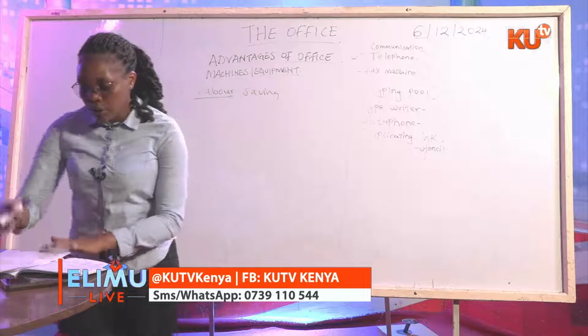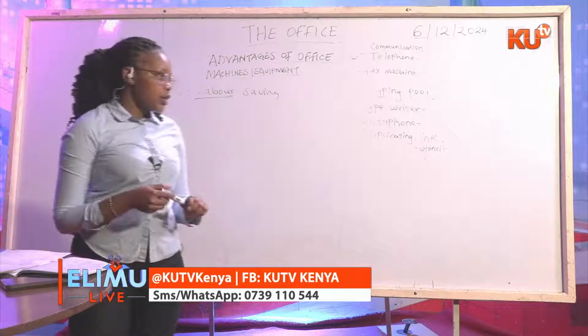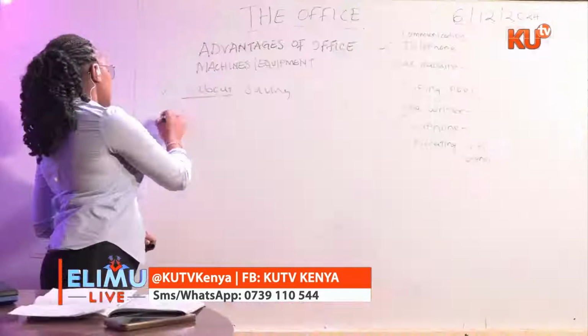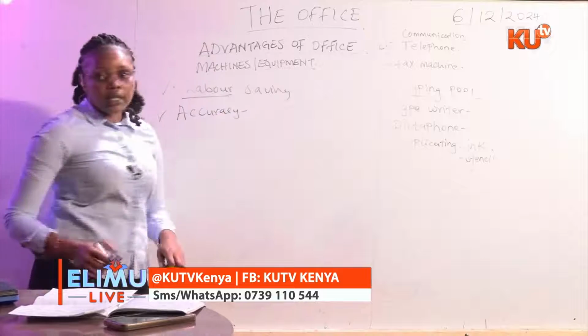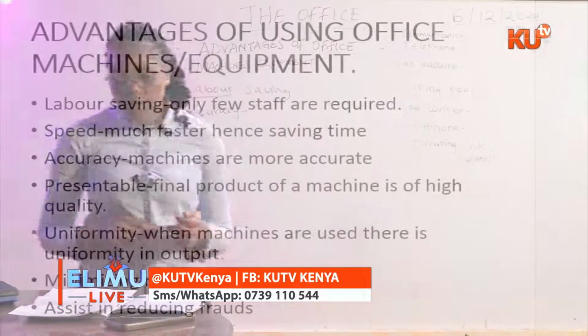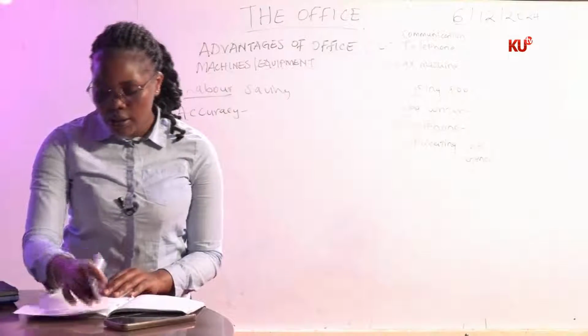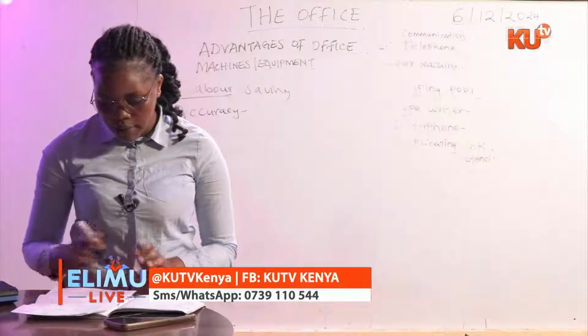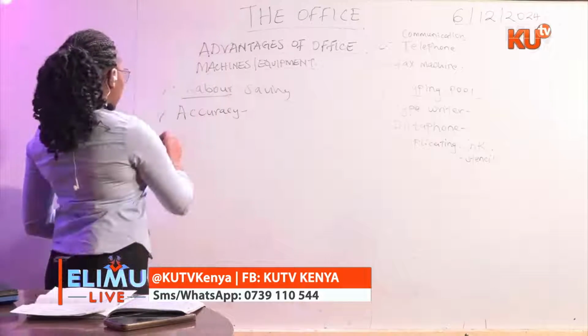Number two, office equipment or machines are accurate. They ensure accuracy. Accuracy means no mistakes, no errors, especially in arithmetic. They are more accurate than when a human being is doing calculations by use of their mind. And then number three, we have speed.